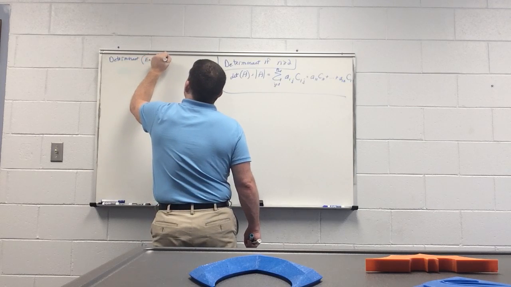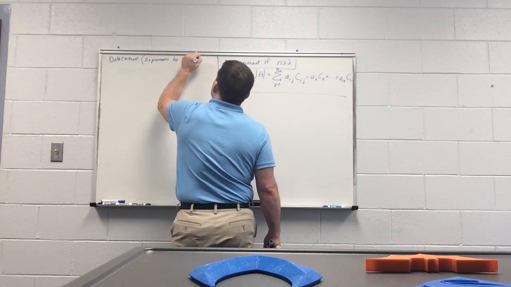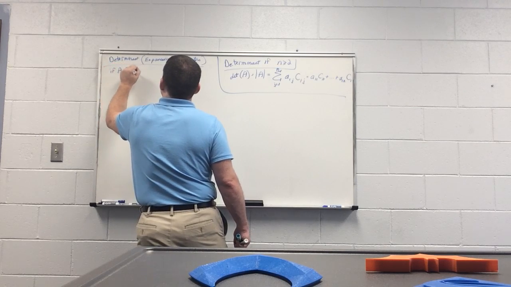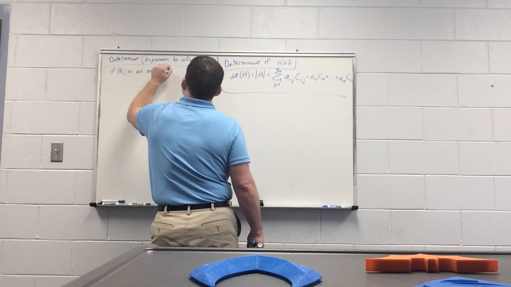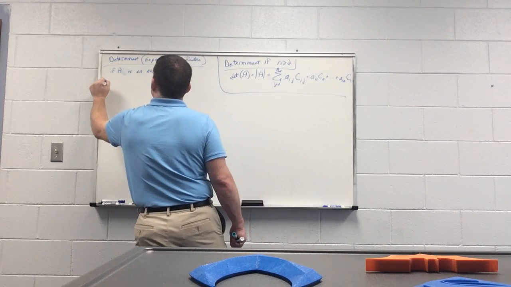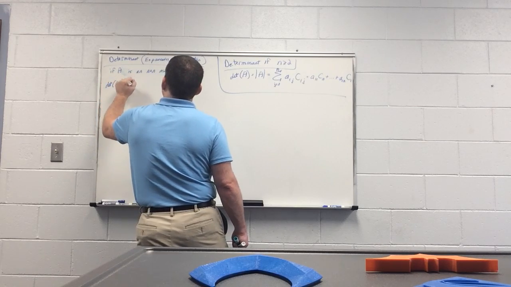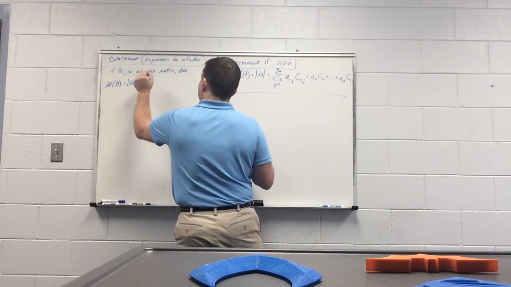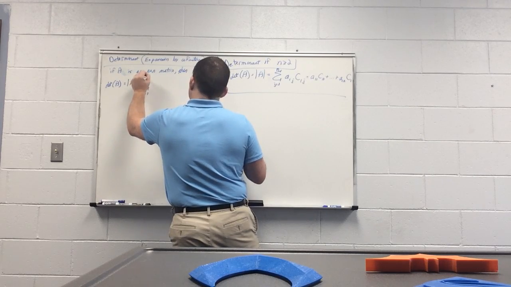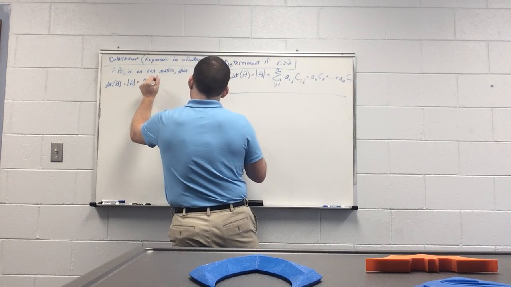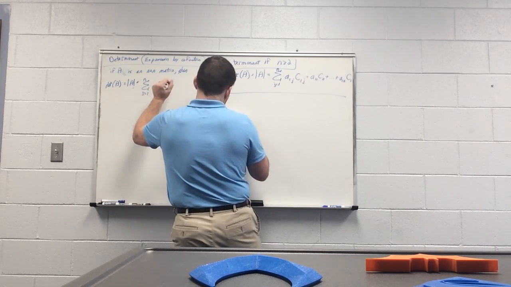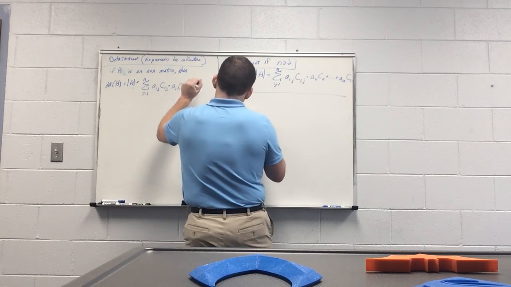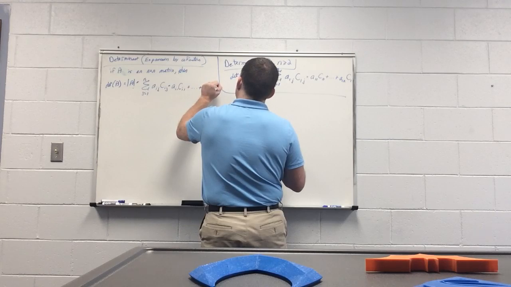The determinant in terms of expansion by cofactors, which is just what we call it: if A is an n by n matrix, then the determinant of A is equal to the summation j equals 1 to n of aij Cij, which is equal to ai1 Ci1 all the way out to ain Cin.